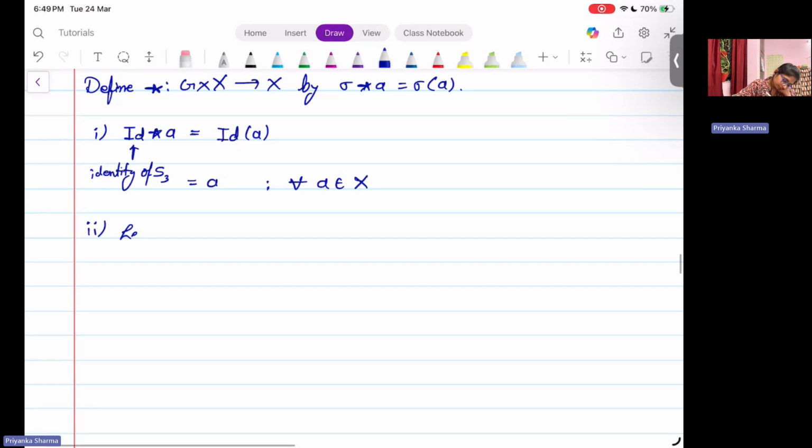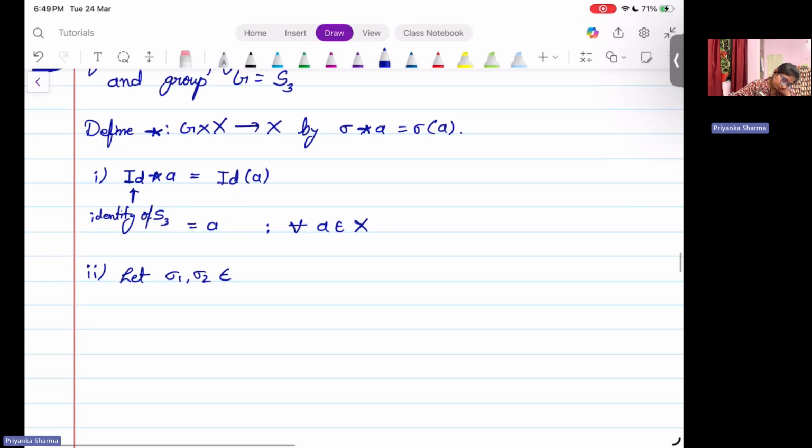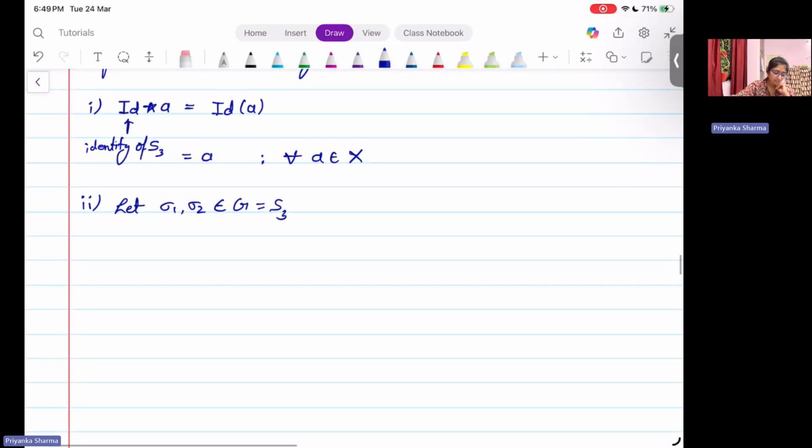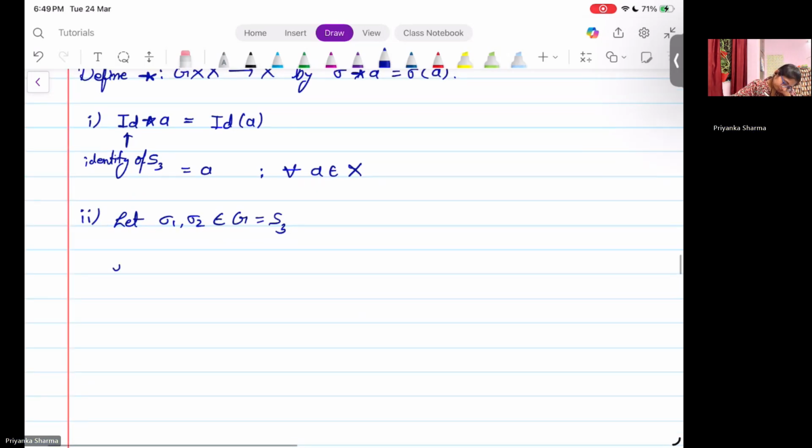Secondly, let sigma 1 and sigma 2 be two elements of the group G, that is S3. That is, sigma 1 and sigma 2 are two permutations from S3. Now, what is sigma 1 star sigma 2 star a?